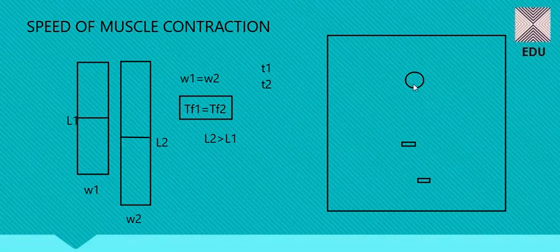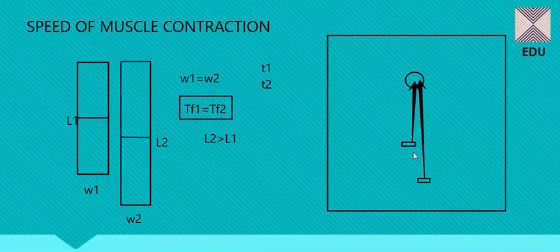Now suppose both the students reach this place in the same time. Then the speed of the second student will be more than the speed of the first student.